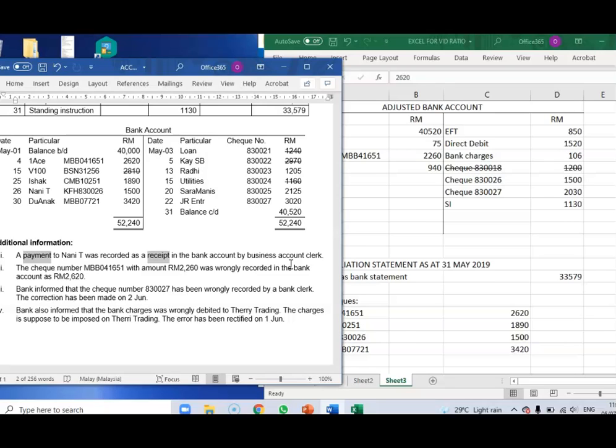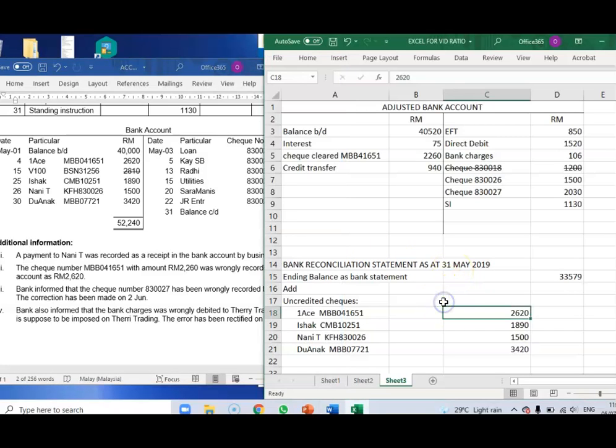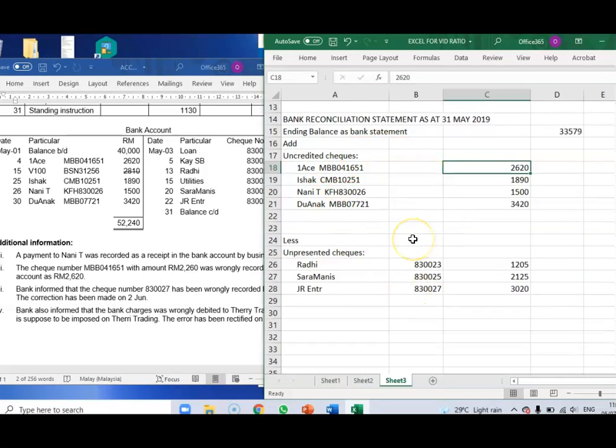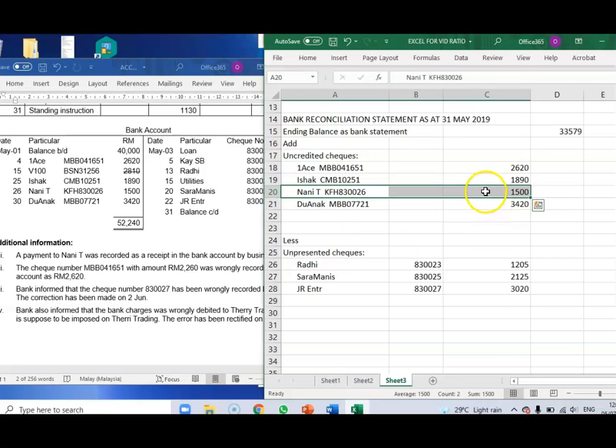It's not the wrong of the bank, so the data in the bank statement must be taken out. Bukan salah bank, but salah kita. So go to the bank reconciliation statement in our answer. Look at the Nanity data, because Nanity is not a bank error, but a book error. So you need to slash it out.